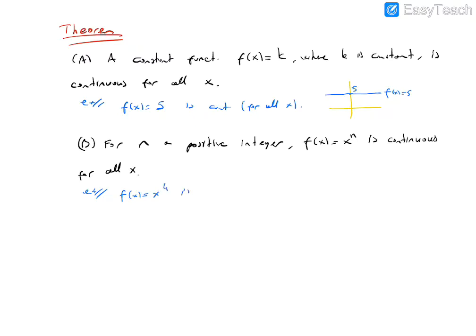X to the power 4 is continuous. Maybe you don't know the graph of this function. It is similar to the x squared graph, but a bit different on this part. So this is the f of x equals x to the power 4 graph. In the future, we will sketch the graphs of different types of functions by taking that from derivatives.